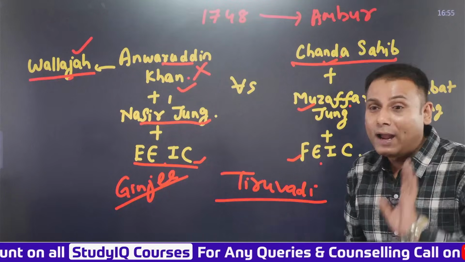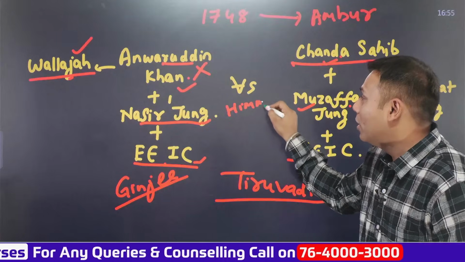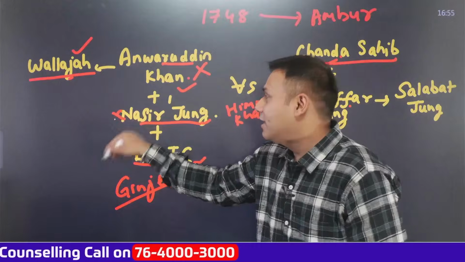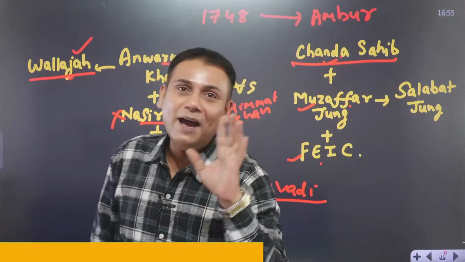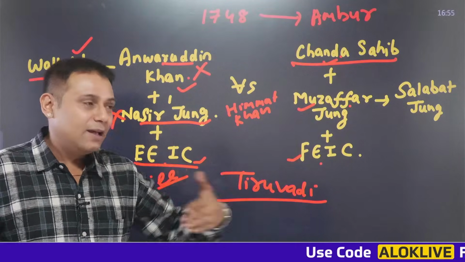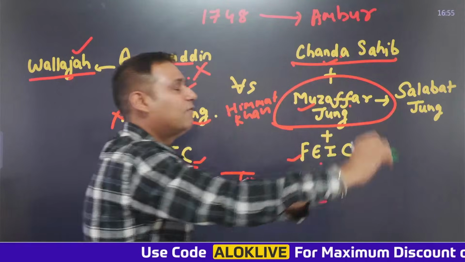Now, meanwhile, Nasir Jung was killed by his own supporter whose name was Himmat Khan. And when Nasir Jung was killed, what happened? Muzaffar Jung, who was aspiring to become the Nizam of Hyderabad, the path is opened. Now Muzaffar Jung became the Nizam of Hyderabad.